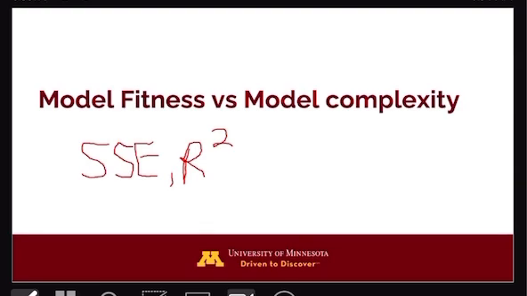My interest was in explanation. I wanted to isolate the contribution of exchange rate to GDP, the contribution of consumer price index to GDP, the contribution of inflation to GDP. In that situation, I need to use all my data. I don't need to split. And I will have a p-value associated with the regression parameter associated with a particular independent variable.